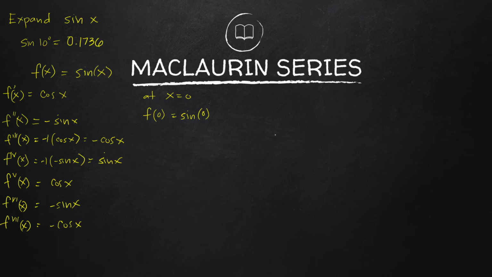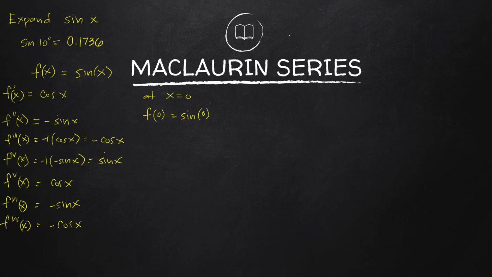Now, how does this make sense? During the early times, mathematicians do not have their calculators. How did they know the value of sine of 0? Sine is a trigonometric function.